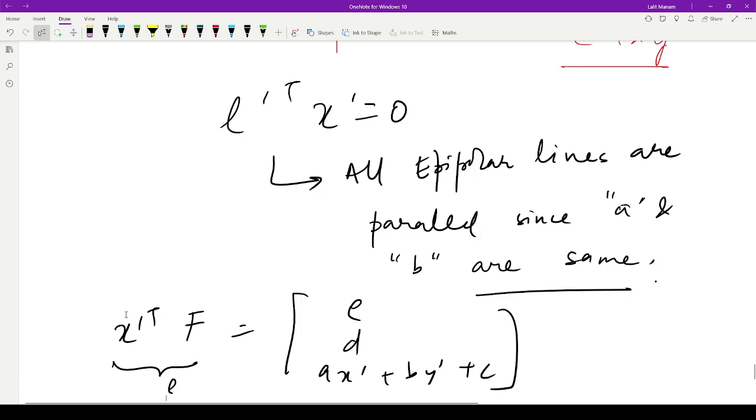This is the property that was told in class, that epipolar lines will be parallel.